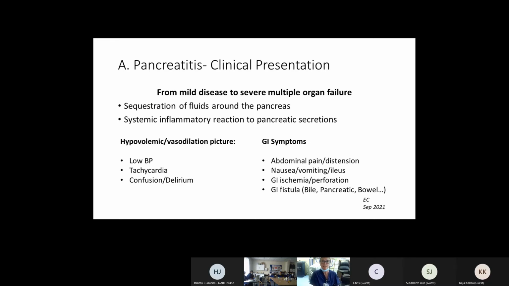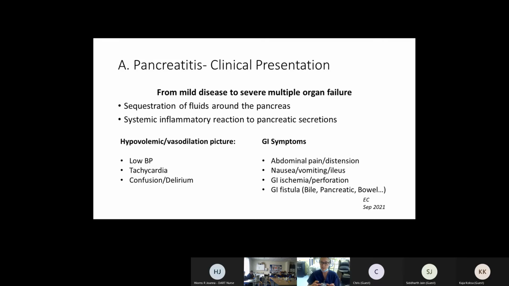So the clinical presentation, as it can go from very mild to very severe, we are looking at different organs and systems that can be affected. Anyway, the common thing is that there's a sequestration of fluids around the pancreas, and that's because there's a huge inflammatory reaction to the extravasation of those secretions from the pancreas.